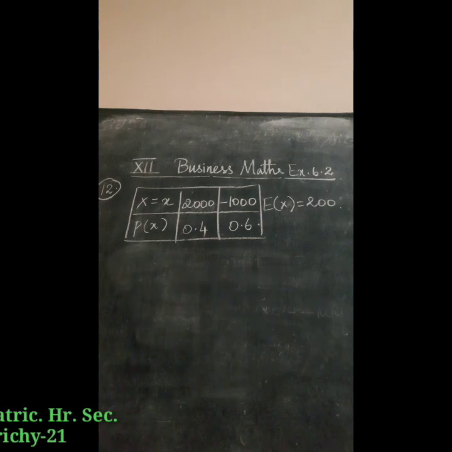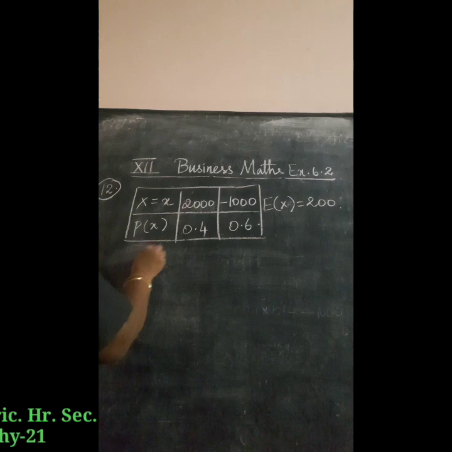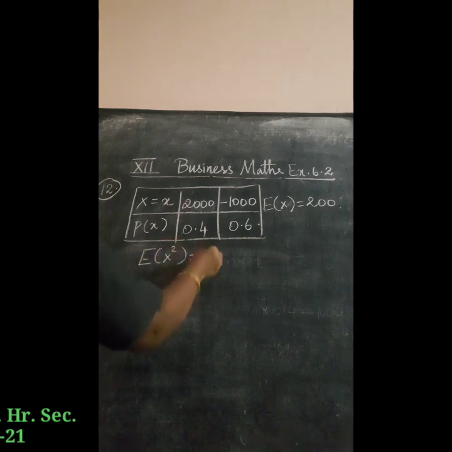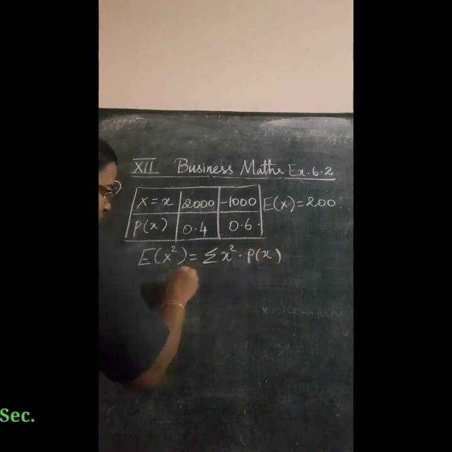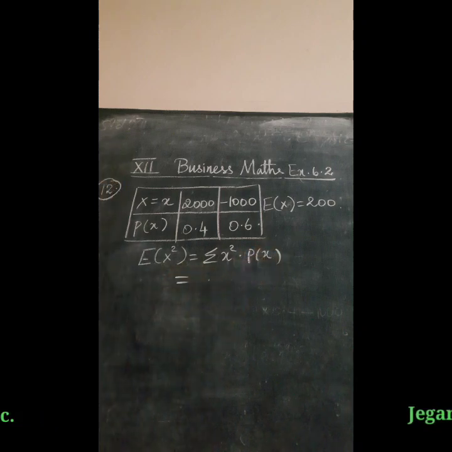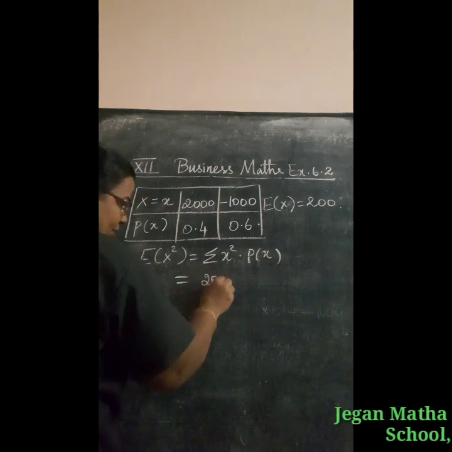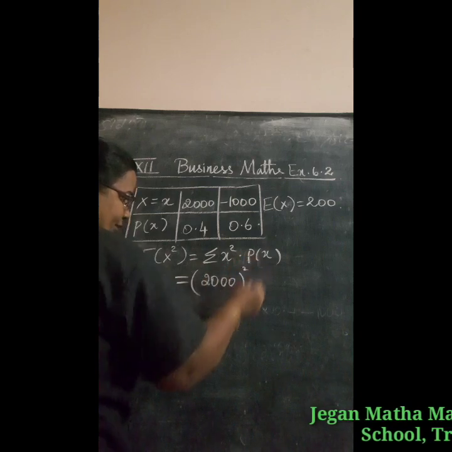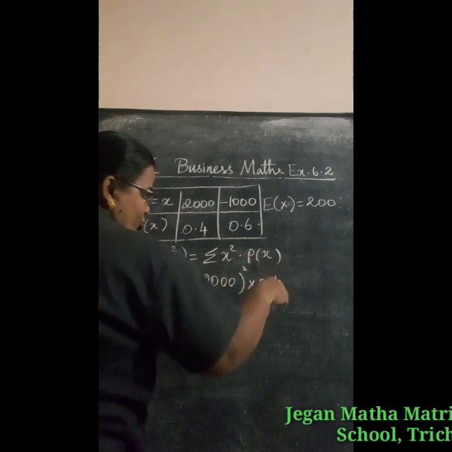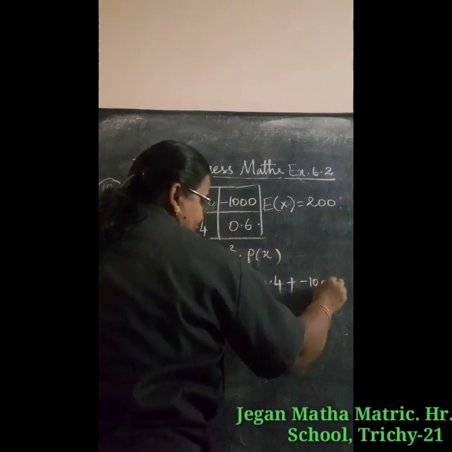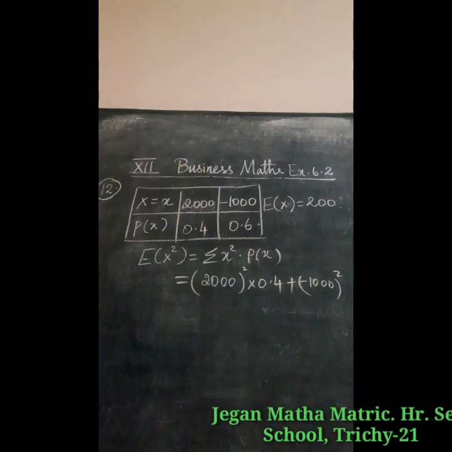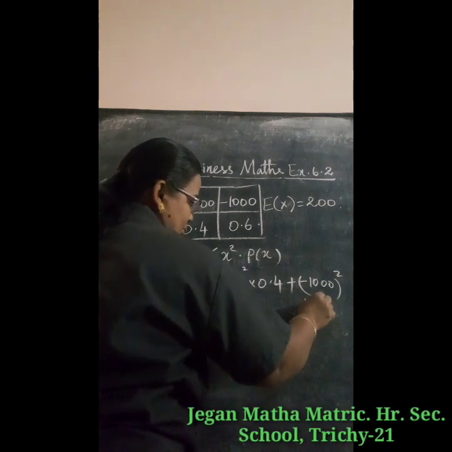Now let us see E of x squared. E of x squared is equal to summation of x squared into P of x. So that is equal to 2000 the whole squared into 0.4 plus minus 1000 the whole squared into 0.6.